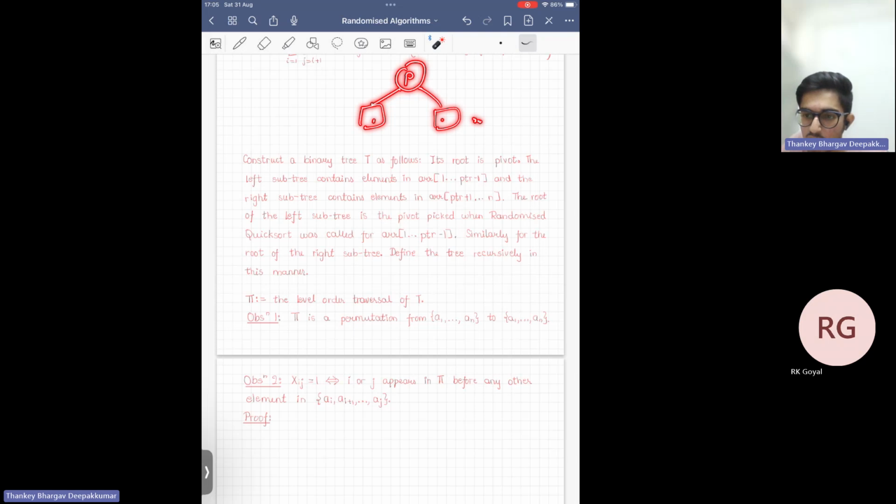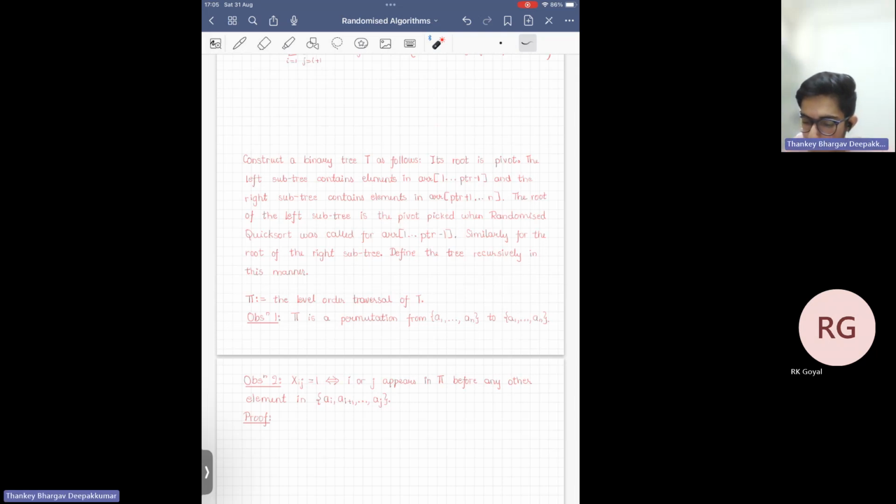Then when you recursively call randomized quicksort on ARR[1] to ARR[ptr minus 1], you would again pick a pivot. This pivot would become the root of this subtree, and same for the right subtree. So the subtree is being created in a recursive manner.